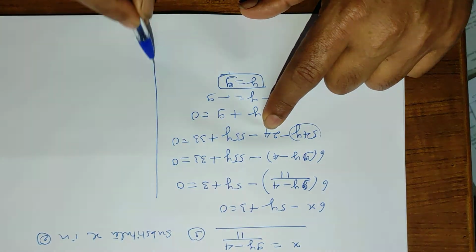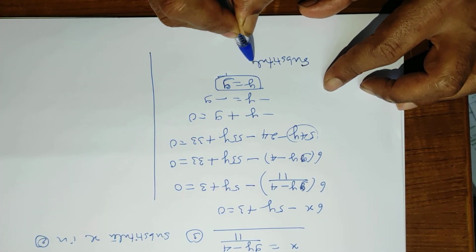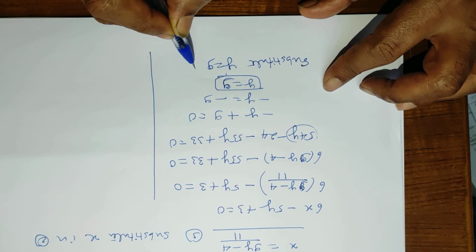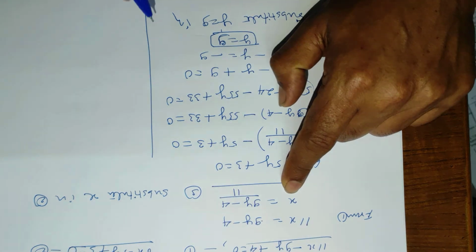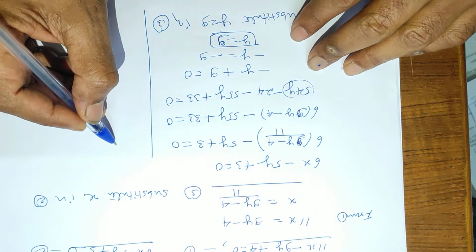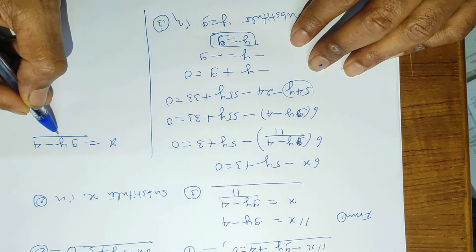Now substitute y is equal to 9 in 3 to get the value of another variable. X equals 9y minus 4 by 11.